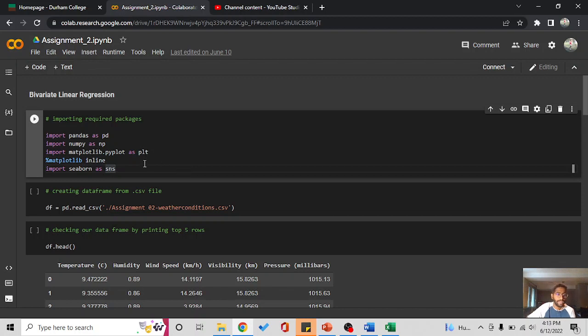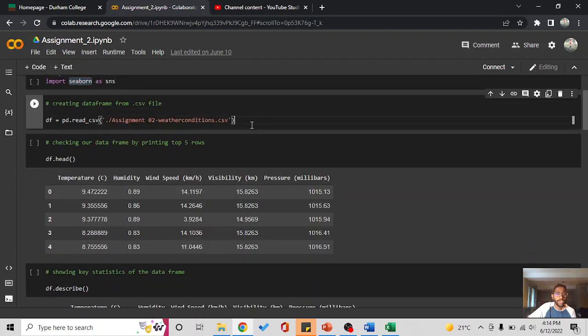This is the place where we import the required packages. Like every other machine learning algorithm or code, we always need pandas and numpy. We might need to plot something, so it's good to have matplotlib.pyplot in here, and it's good to have seaborn too.